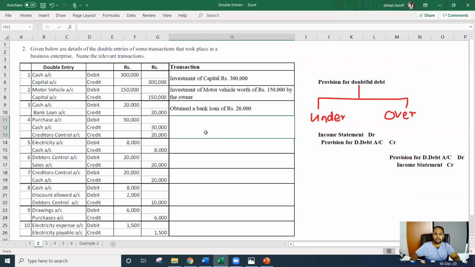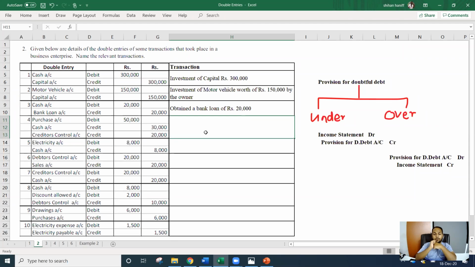Purchases account debit, cash account credit, creditors control account credit. So here, purchases account debit means we purchased goods worth 50,000. That is why 50,000 was debited to purchases account and cash was given only 30,000.